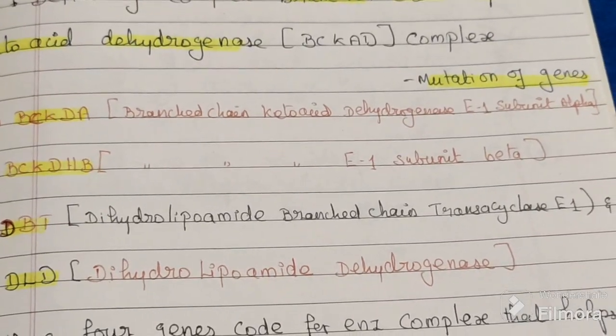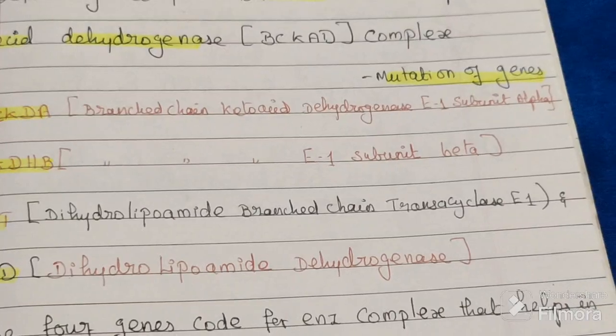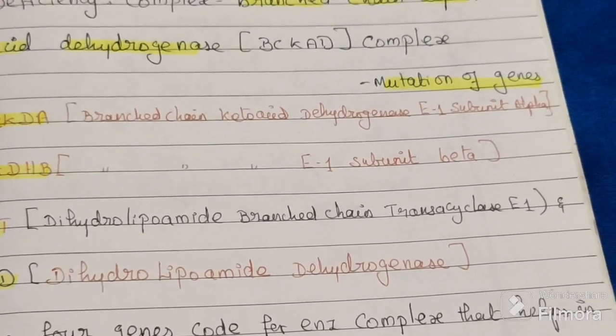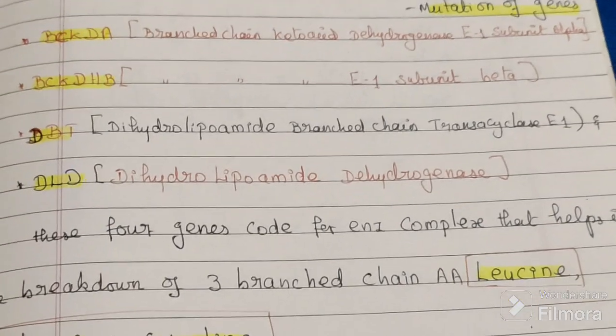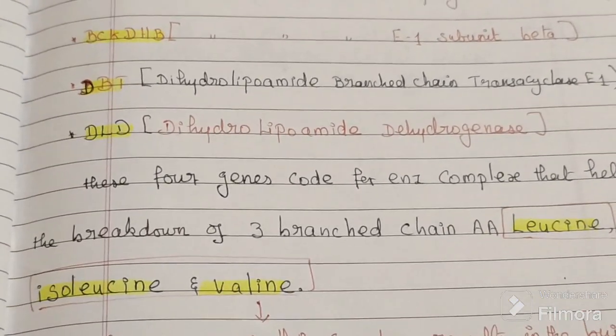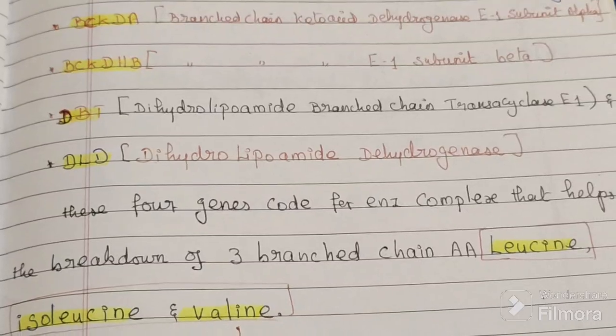These 4 genes code for the enzyme complex that helps in the breakdown of the 3 branched chain amino acids: leucine, isoleucine, and valine.